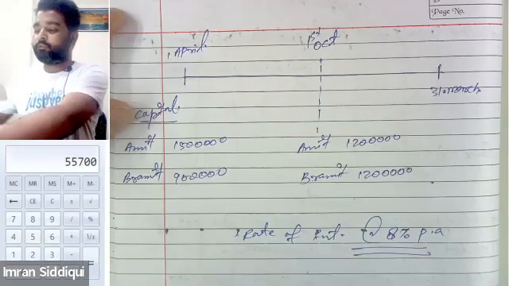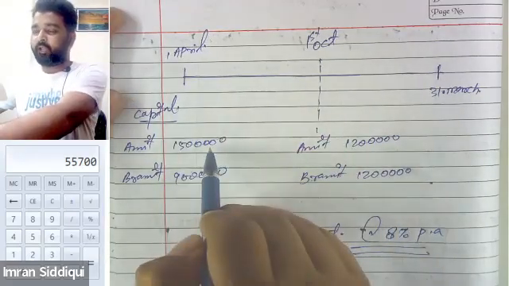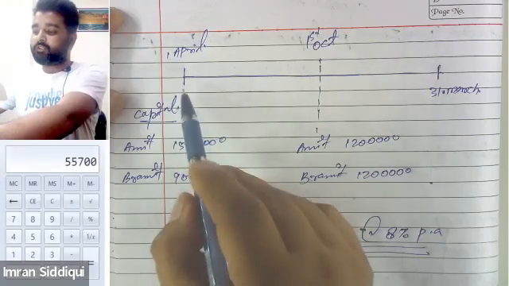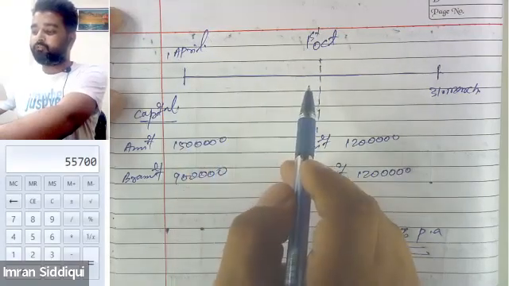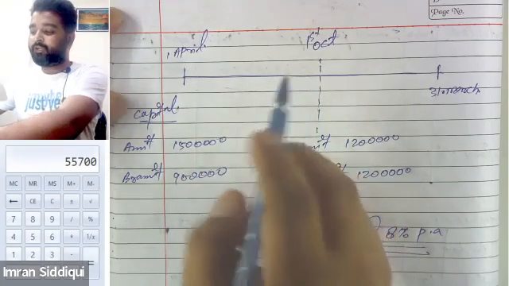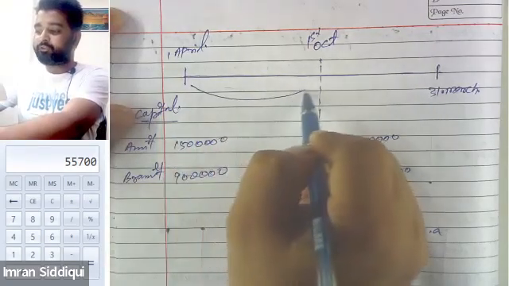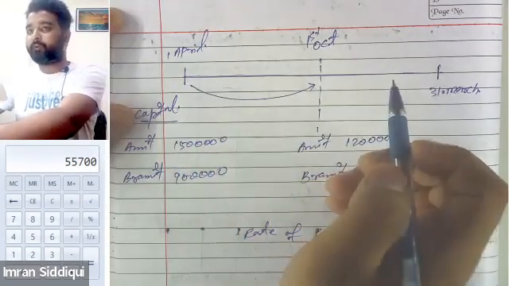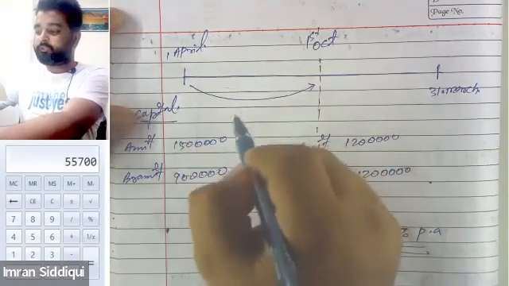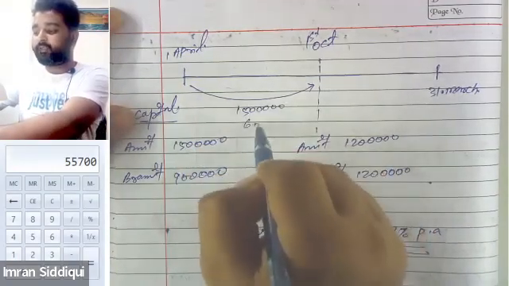Now tell me, Amit has contributed 15 lakh, right? But this was maintained from the month of April till the month of October only. So that means Amit will be paid 8% per annum as interest on capital on rupees 15 lakh for the 6-month period, correct?